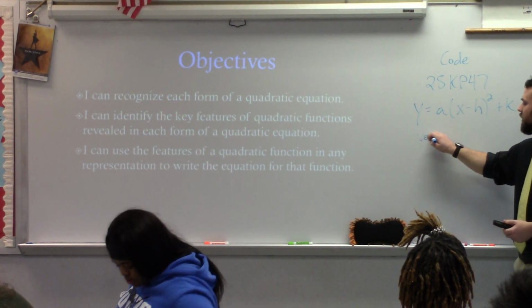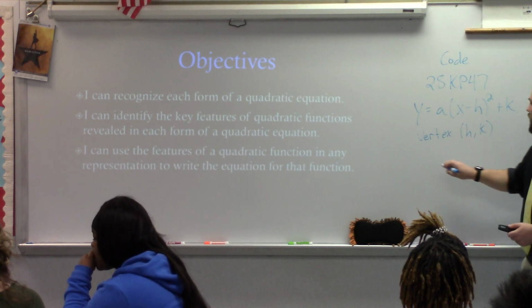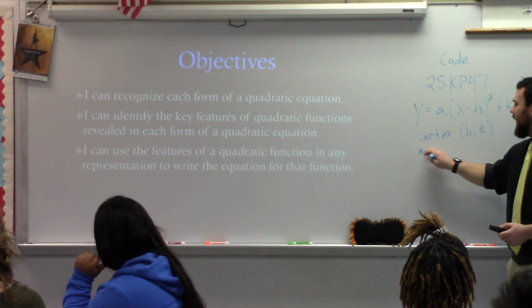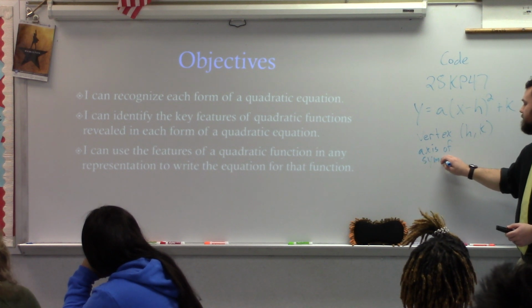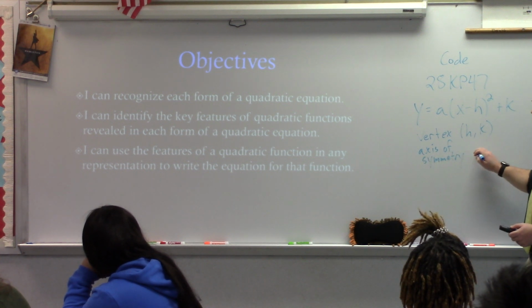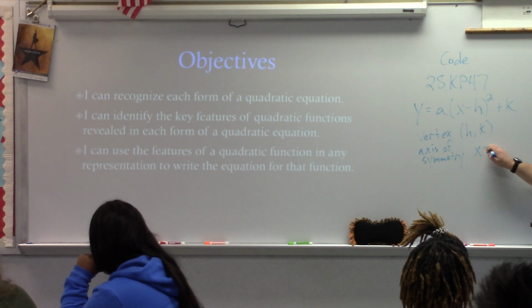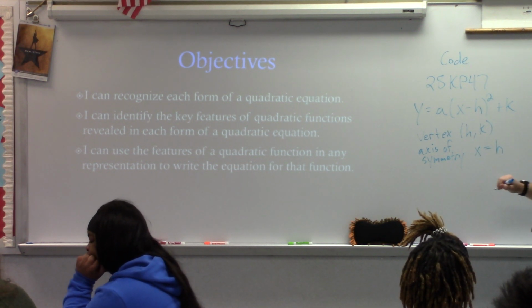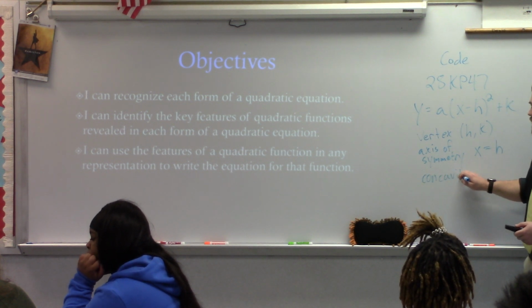And so remember, we summarized yesterday that the vertex is h comma k. We summarized that the axis of symmetry is what? X value of the vertex. X equals what? H. H, the x value of the vertex, right? And I thought that's what you said. And then concavity, with a positive.